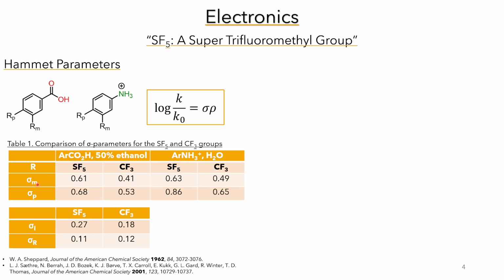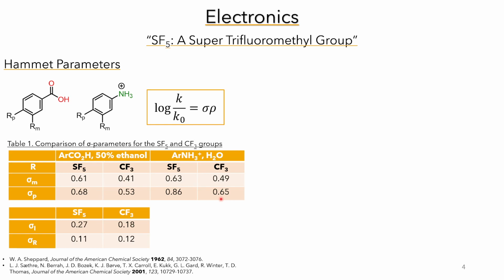And in table 1 here, we see that there is a significant increase in the sigma for the para-substituted SF5, 0.68 compared to the 0.53 of trifluoromethyl. The same is true for the para-substituted aniline cation, 0.86 compared to CF3's 0.65.